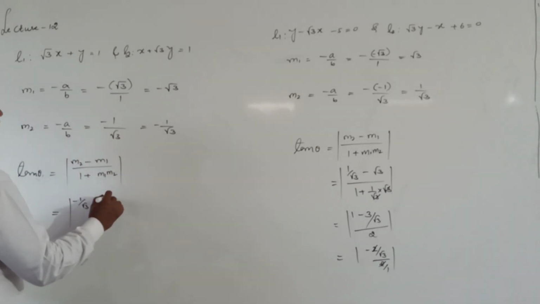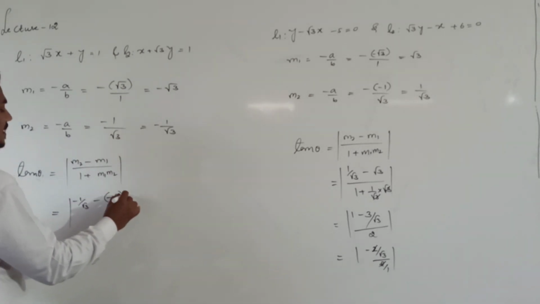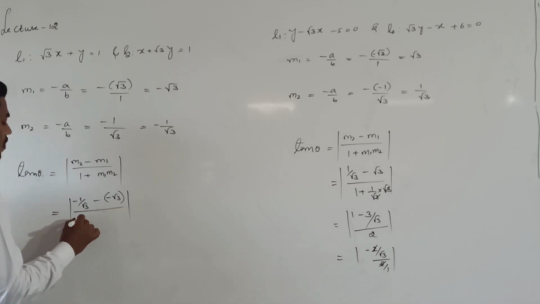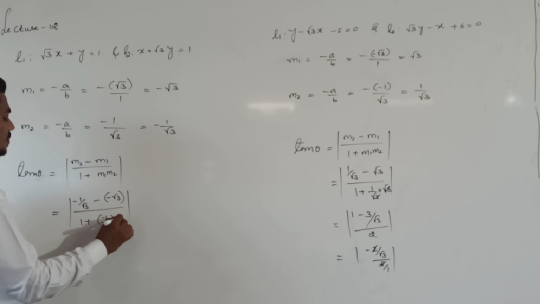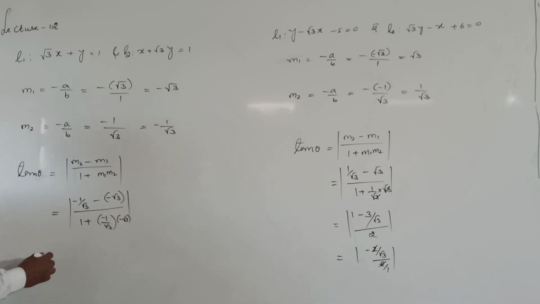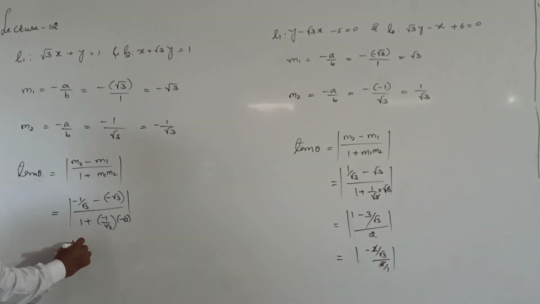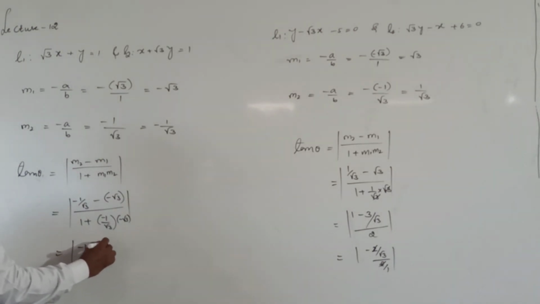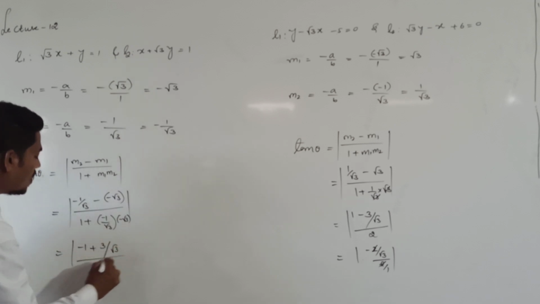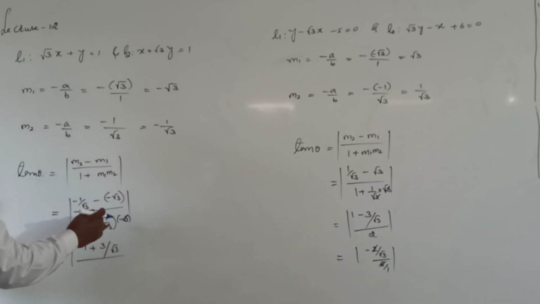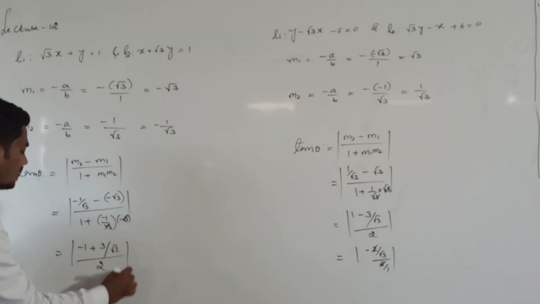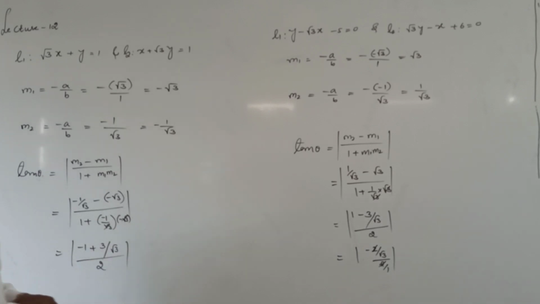Minus, what is m1? m1 is root 3, minus root 3 divided by 1 plus minus 1 by root 3 into minus root 3, right? Now, minus into minus, it will be plus. Modulus of minus 1 plus 3 divided by root 3, whole thing divided by, here root 3 get cancelled, minus into minus plus 1 is 2, right?